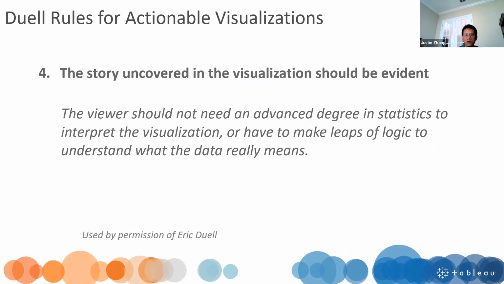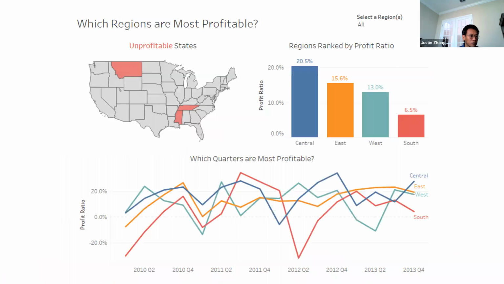You want to make it very user-friendly, easy to understand, to convey the message you want to deliver. This is the dashboard we just saw before. We don't need an advanced degree to understand which regions are most profitable. It's very easy to see from these 3 charts.